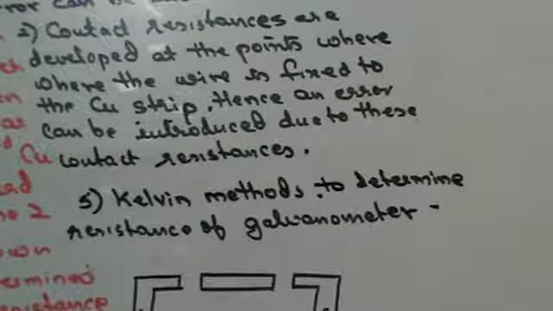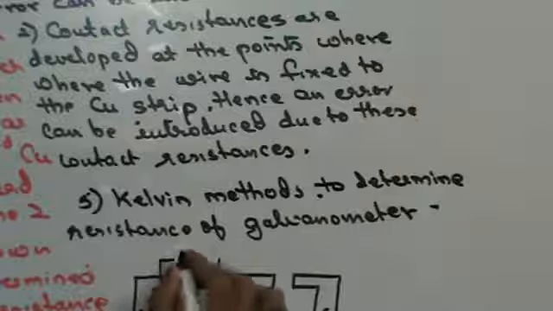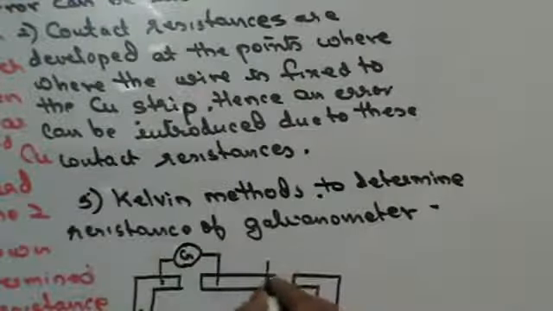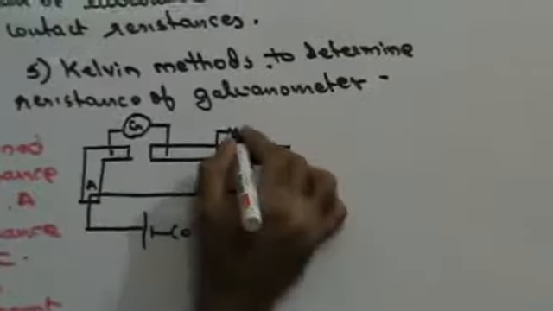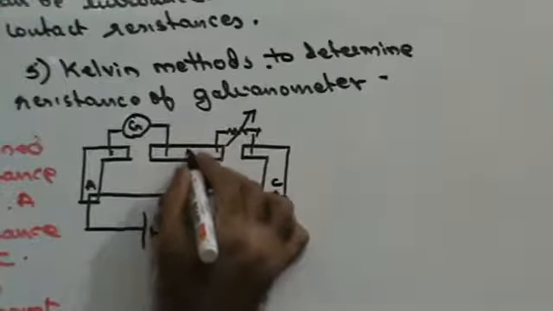Fine. Now you have galvanometer connected in one of the gaps. And you have a known resistance connected in the other gap. A known variable resistance.